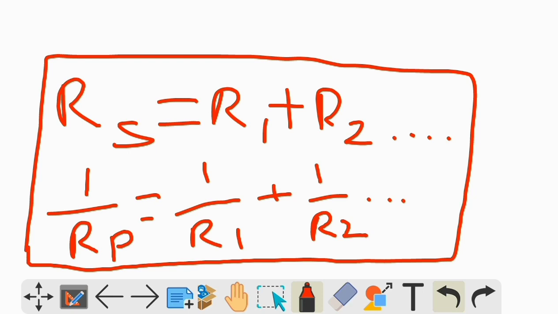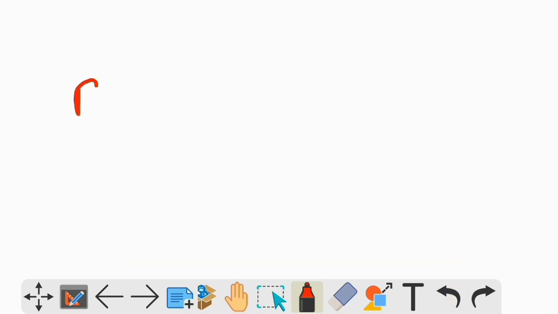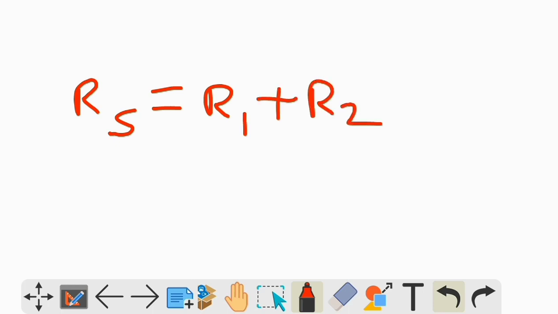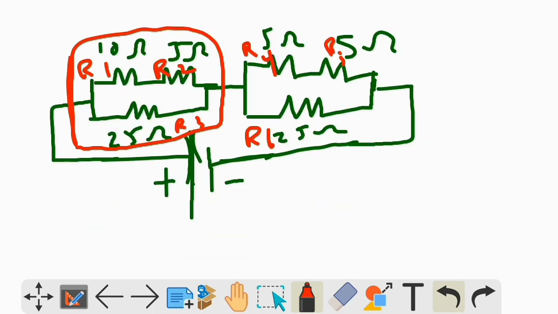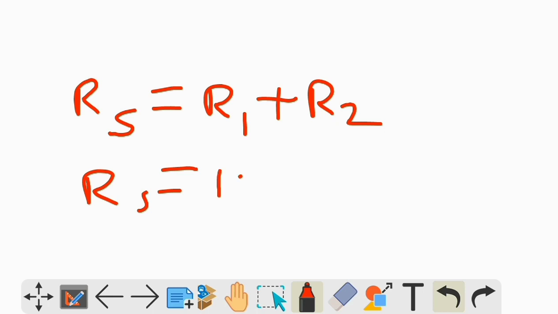Now for the first part, Rs is equal to R1 plus R2. What are the values given? 10 and 5, so just add them. 10 plus 5. I am taking Rs1 for the first one.